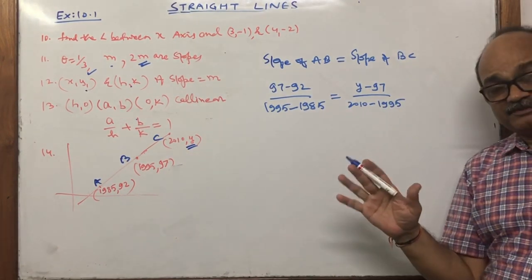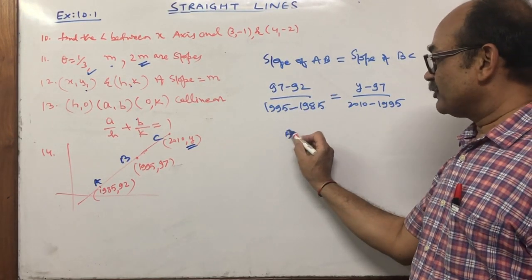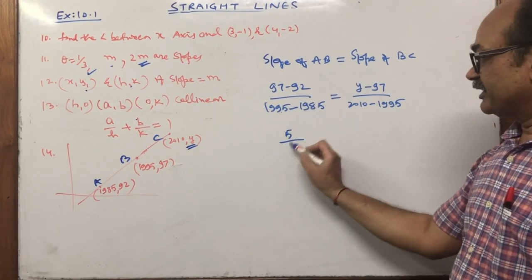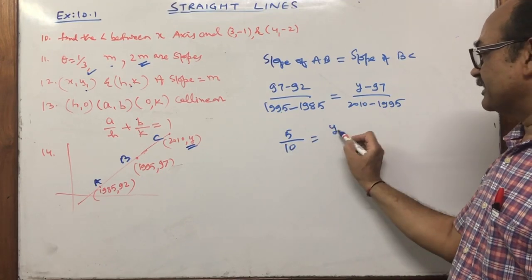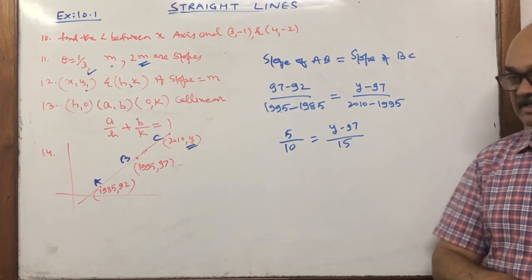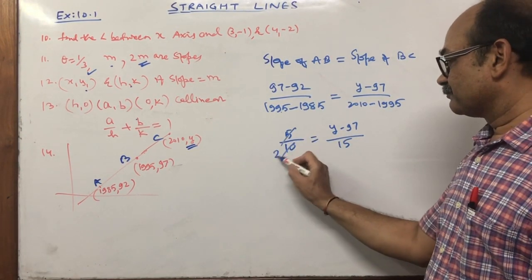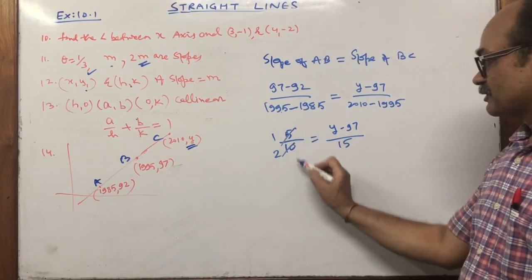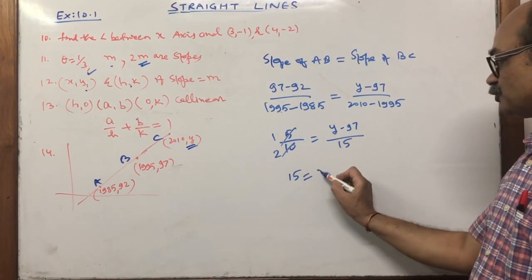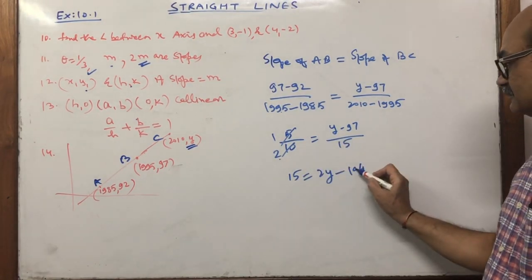Same method. Now this has become part of statistics also. So 95 minus 85 is 10, y minus 97, and 2010 minus 1995 is 15. Yes or no? Now cross multiply. 1 by 2, 15 equals 2y minus 194.